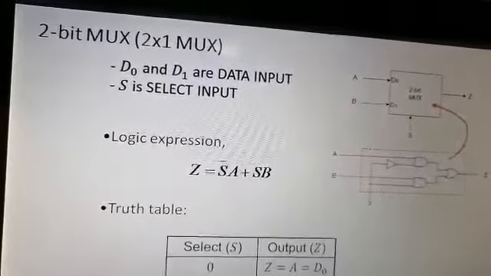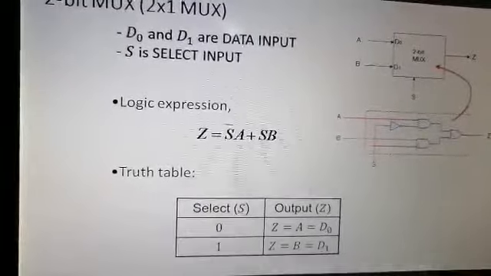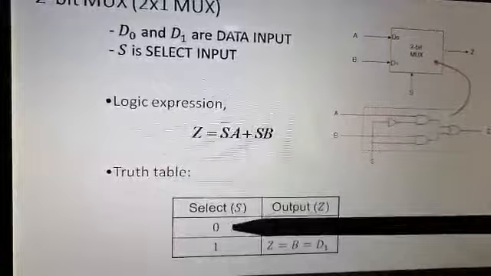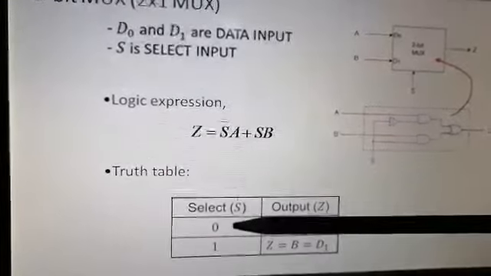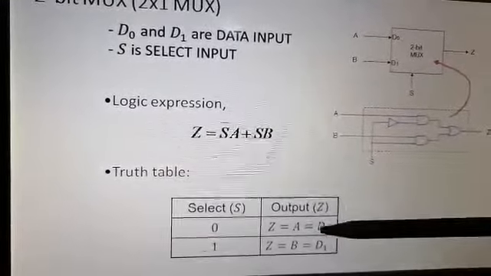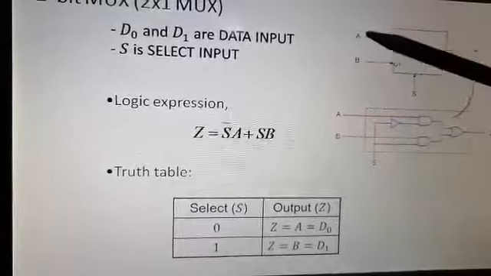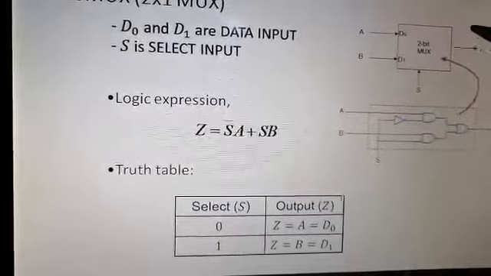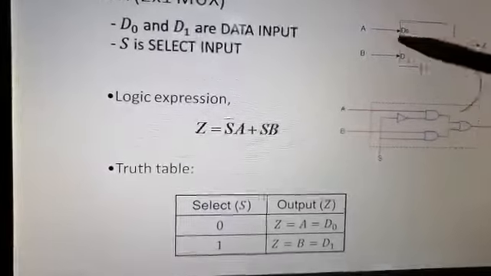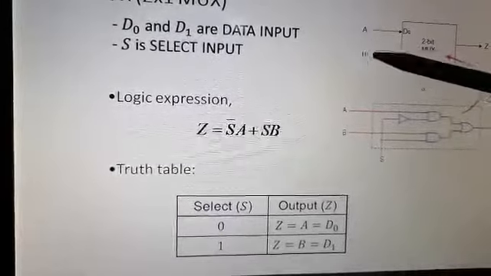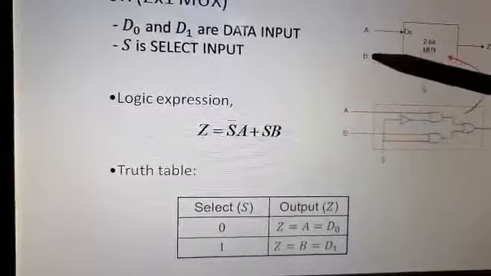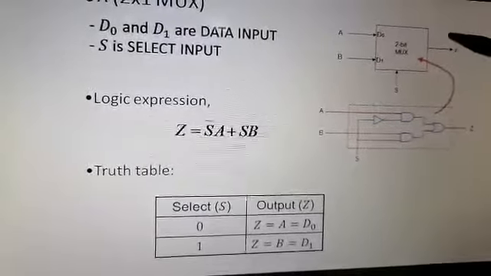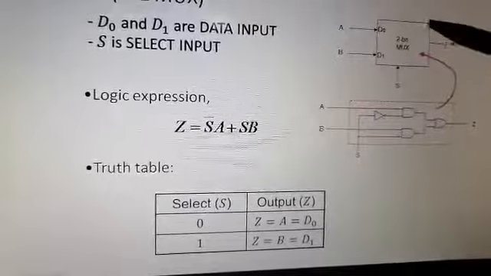If the select is 0, that means we select D0, A, as the output here. If S is 1, that means we select the data in B, so the output here will be B, or sometimes we call it D1.